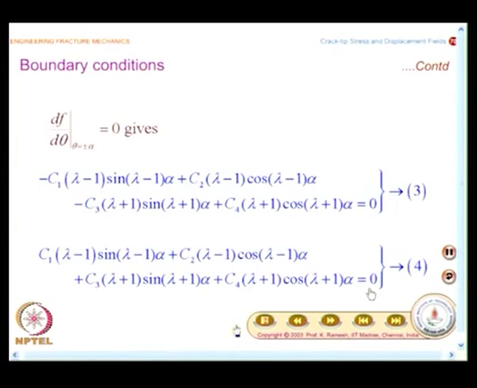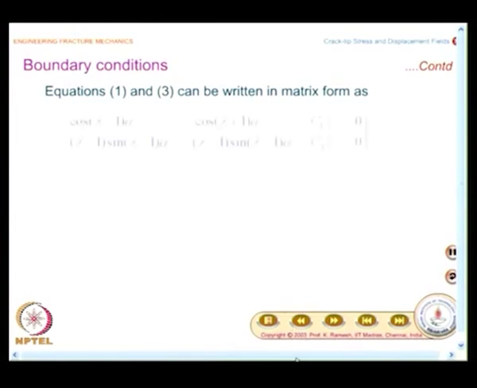Now you have to do some algebraic manipulations, and you could group them into two categories, a set of equations involving C1 and C3, and C2 and C4. After doing that I get the expressions in this fashion.